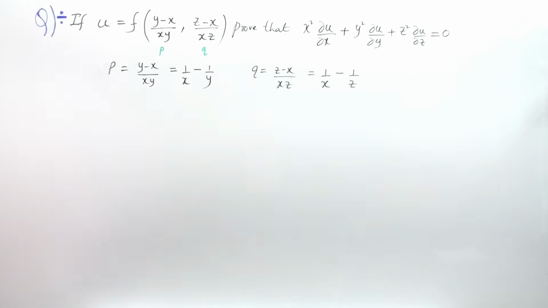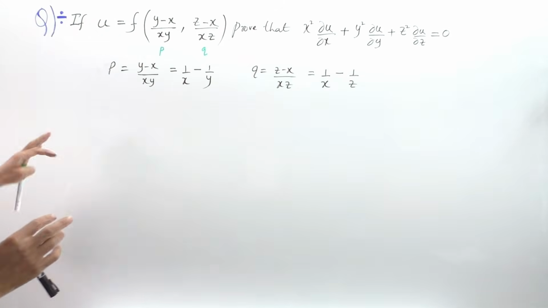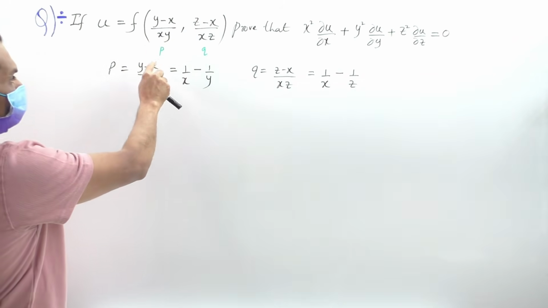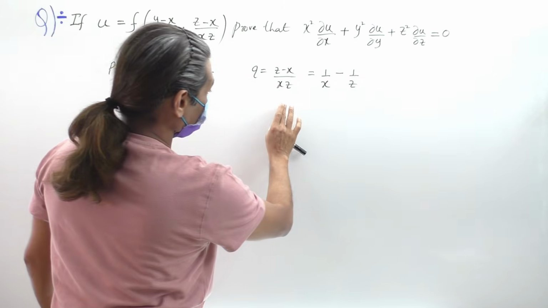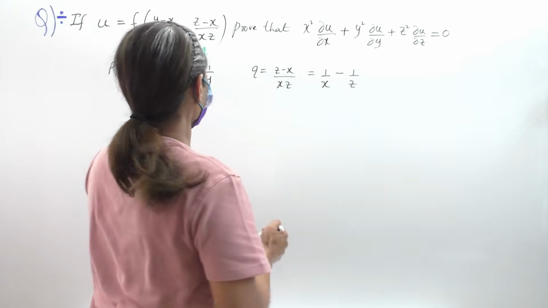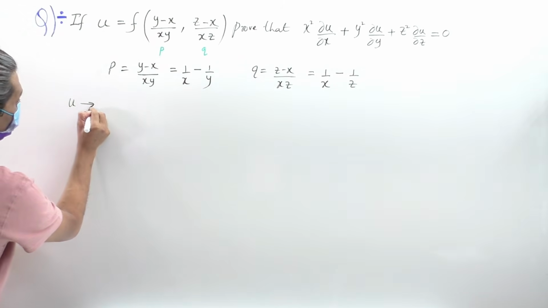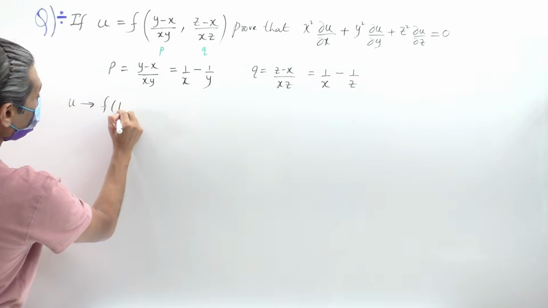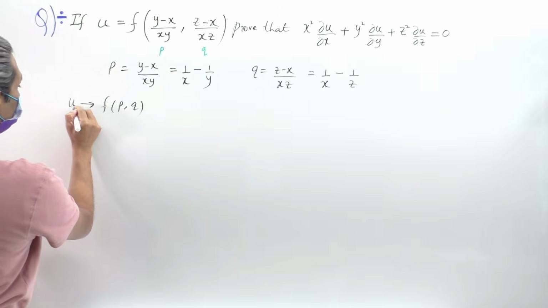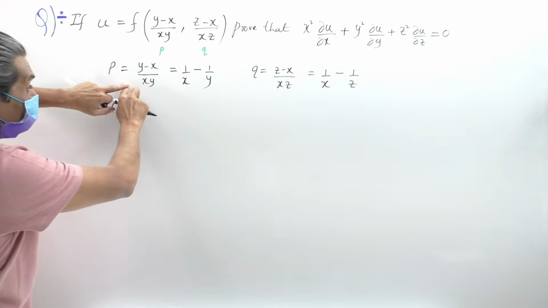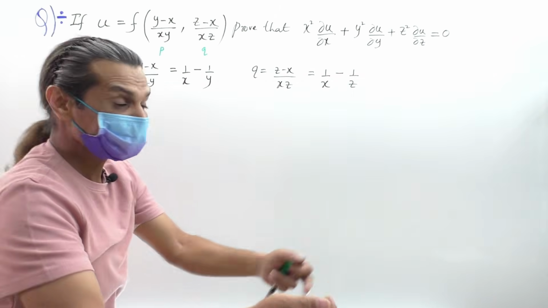Now see here, what I have taken for this composite function, P is equal to (y minus x) by xy and Q is equal to (z minus x) by xz, correct? Now you can write this as u is a function of what? P and Q. u is a function of P and Q. But P and Q is a function of what?